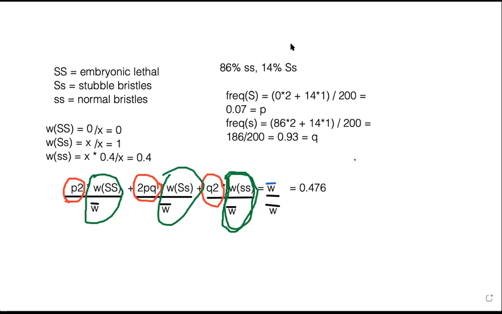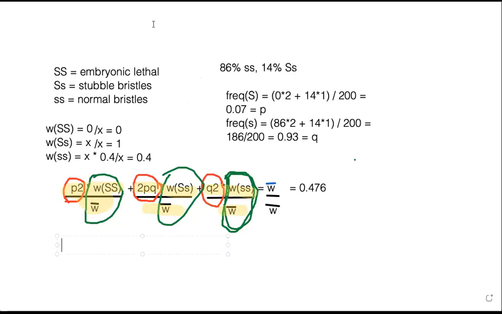Okay, and remember that this right here is going to be equal to the frequency of big S flies after 1 generation of selection. That's going to be your frequency of heterozygous flies after 1 generation. This is going to be your frequency of homozygous recessive flies after 1 generation. Okay, so how do we calculate that?